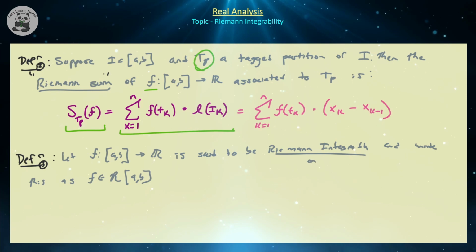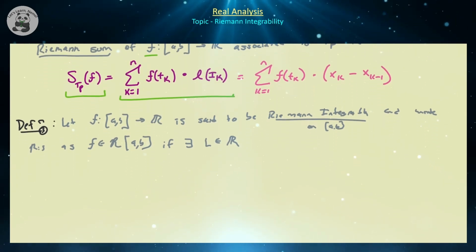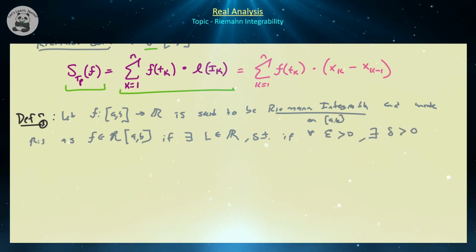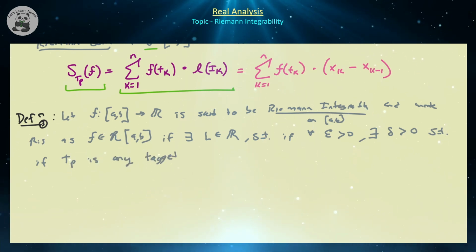So it's Riemann integrable on AB if there exists a number L. You can think of this as a limit in the set of real numbers, or a value in the set of real numbers, such that for all epsilon greater than 0, there exists a delta greater than 0, such that if TP is any tagged partition, keyword here is any, right?